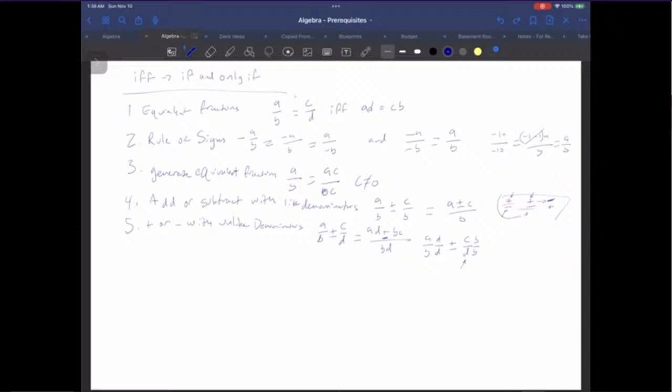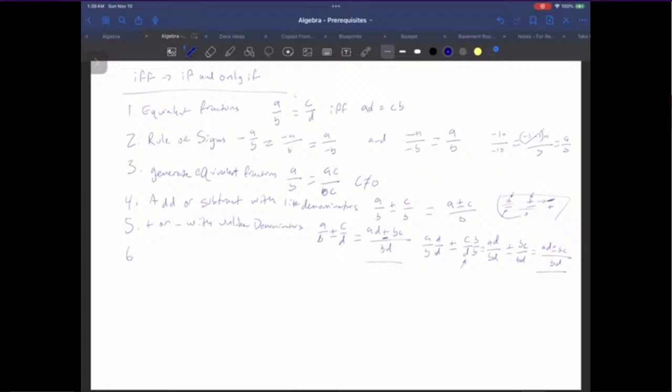So when we multiply these two, you get AD over BD plus minus BC over BD. Because the denominators are the same now, we can add the tops together and just combine the bottom. So AD plus minus BC over BD, and we get what we're looking for over here.